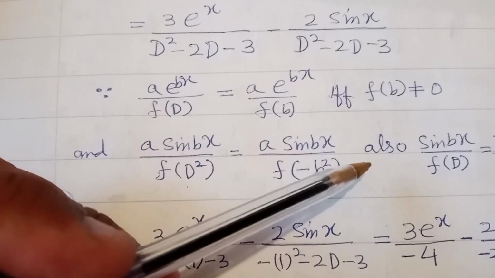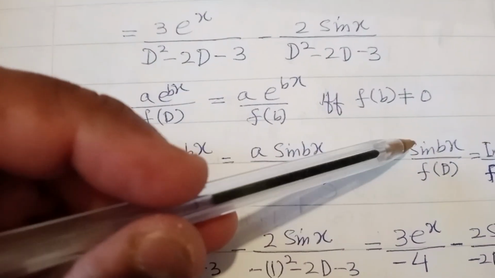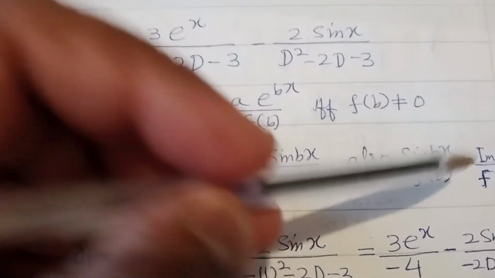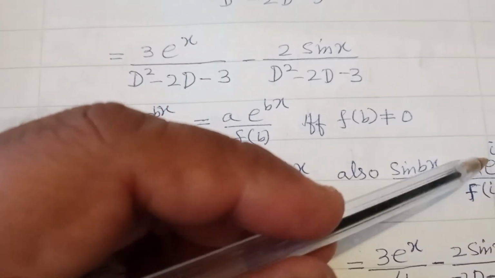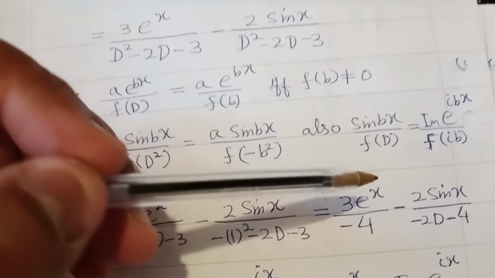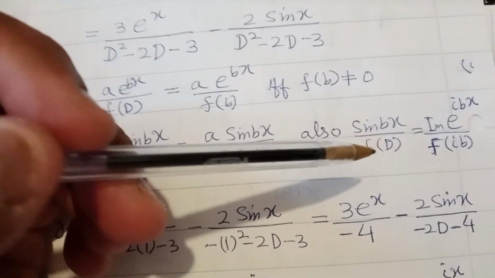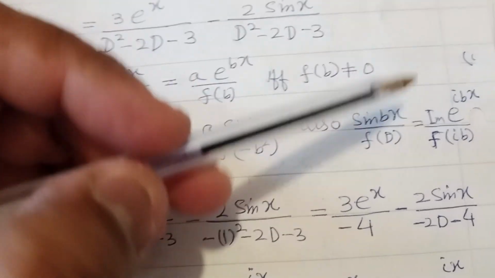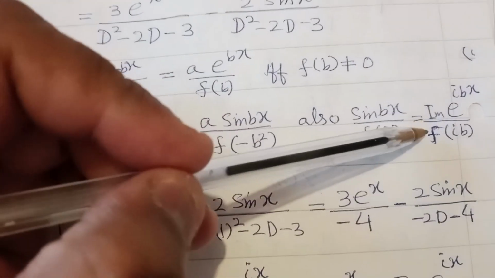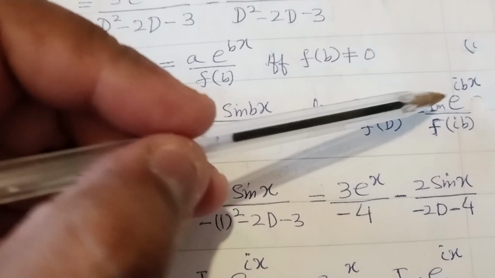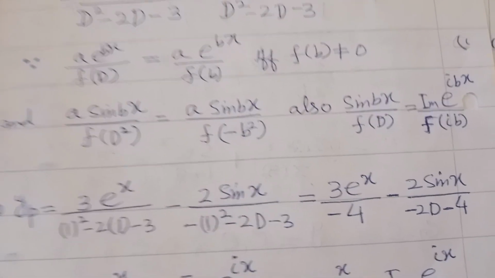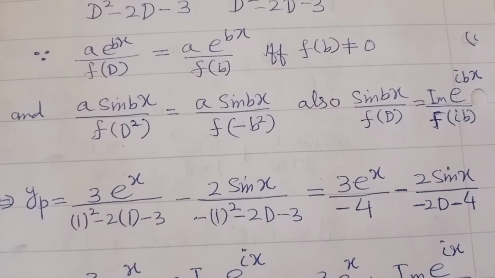Also, another formula applies when we have D along with f(D), which can be written as the imaginary part of e^(iθ), because you know that the complex number e^(iθ) = cos θ + i sin θ. So we can write it as the imaginary part of e^(ibx) / f(ib). So there are two formulae applicable in case we have a circular or trigonometric function in our problem.